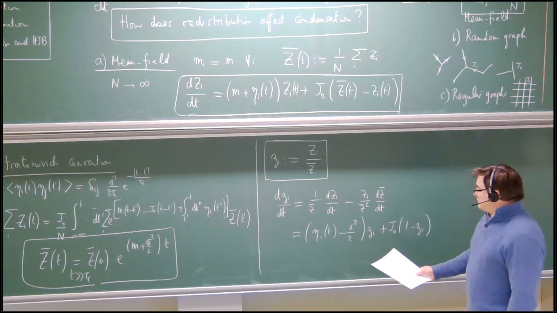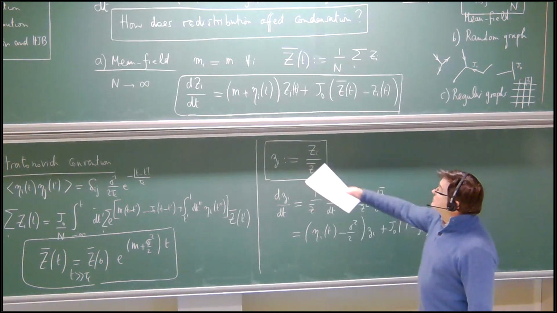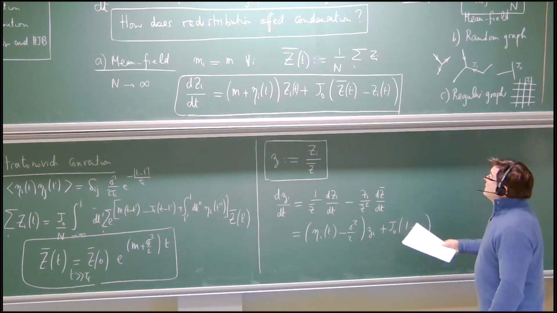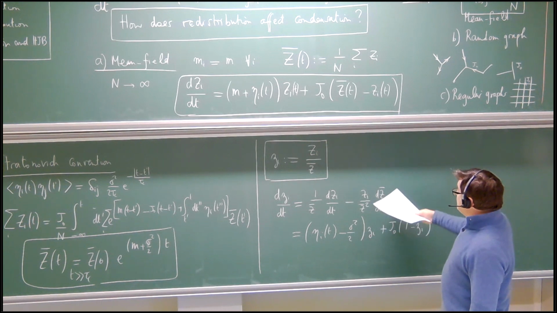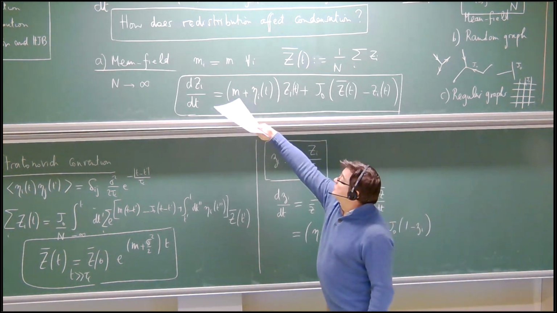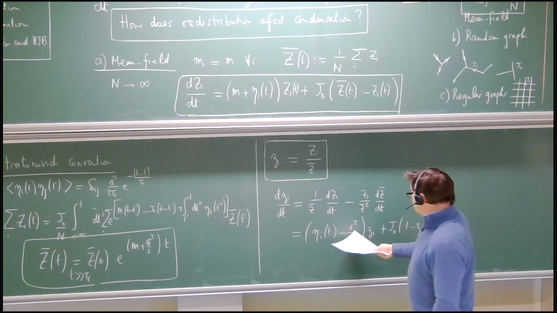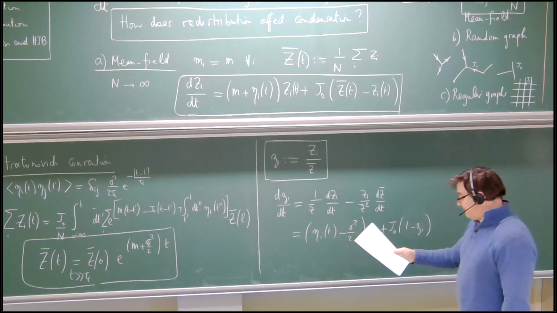And you can guess where all these terms are coming from. Eta i small zi just comes from here. 1 minus zi comes from here. And then because of this term here, the small m contribution has disappeared, and there's an extra sigma squared over 2 coming from here.